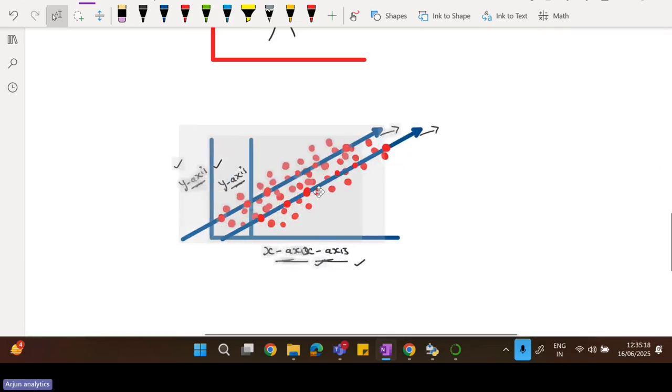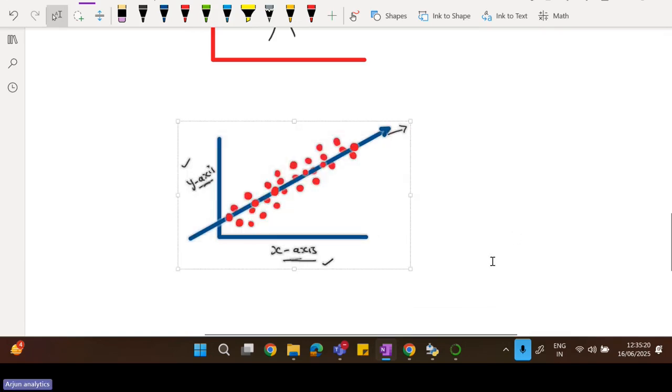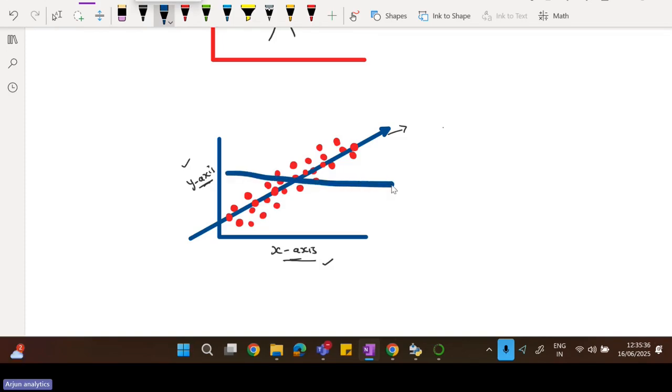Now here these are the lines, right? This is a line we are passing. But like this, there will be n number of lines you can draw. Definitely there will be n number of lines. Like this, you can go through it, or you can draw this one, or this one.